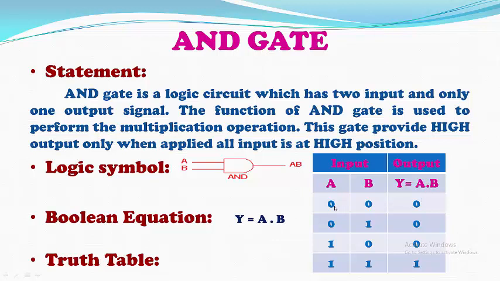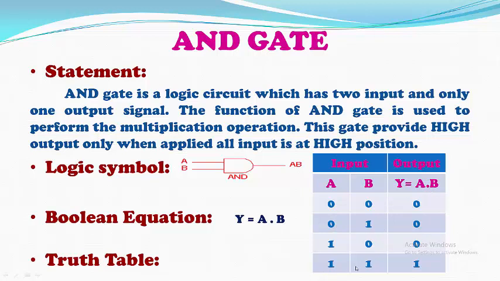Here we can apply binary values in 0, 0, 0, 1, 1, 0 and 1, 1 format, and we have to find out the output values of this AND gate. For this purpose, we have to take the multiplication of these 2 bits. So 0 multiplied with 0 is 0. We know that anything multiplied with binary value 0 will produce a 0 result.